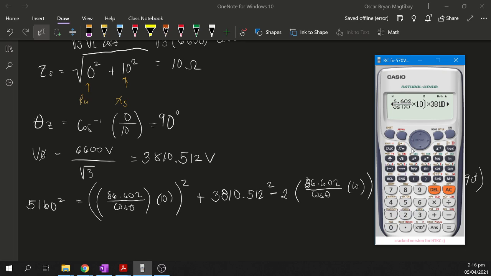Check. 512 nga ba? Ang ating nilagay din dito. Okay. 512.